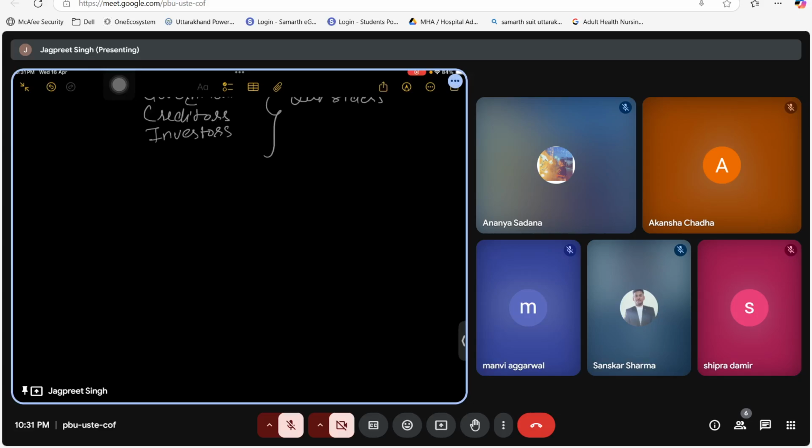Okay. So after that, we have some features of financial statements. First of all, it should be understandable to all the users. Like, who can understand these accounts?